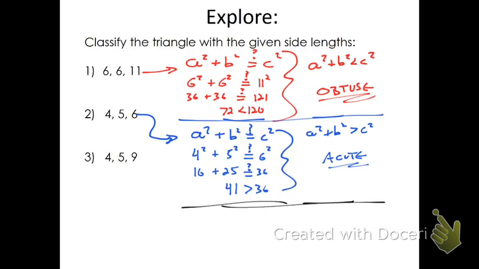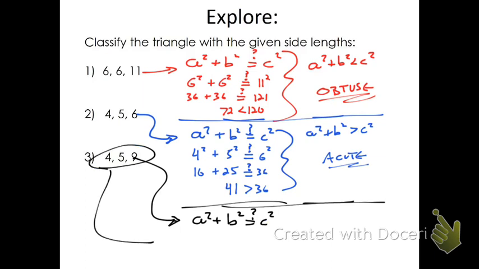And now if we were to do this last one, honestly, you'd probably jump into it and start thinking, okay, how does a squared plus b squared compare to c squared? And you do a bunch of math. But we have to remember, here's our triangle inequality theorem. What you recognize, if we remember back to a previous lesson, is that these aren't even side lengths that could make a triangle. This is not a triangle. So it's kind of like a none of the above.